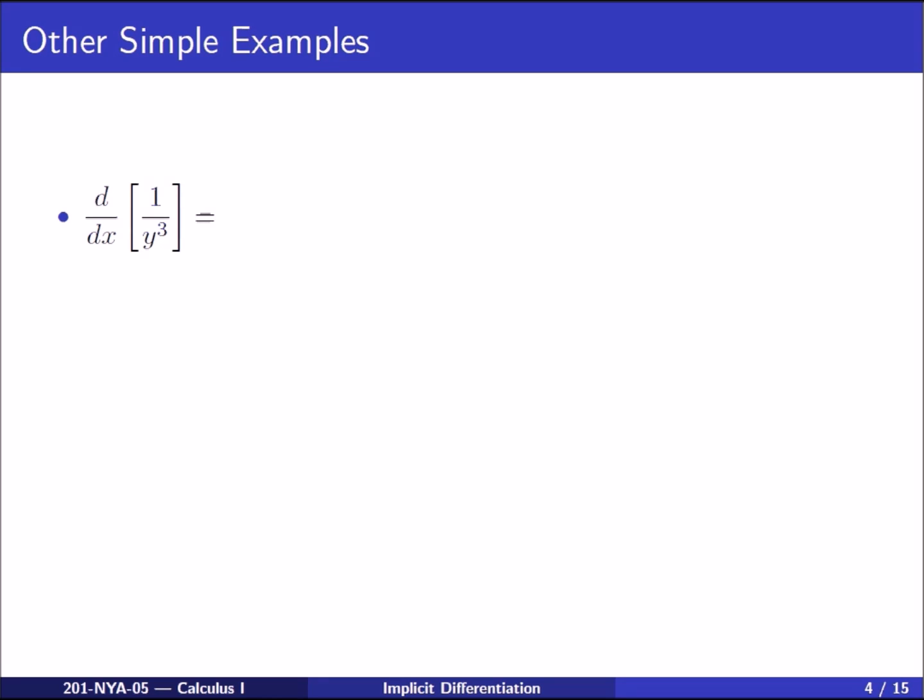The quotient rule would work, but it's easier if we write 1 over y cubed as y to the minus 3, and in this case we can just use the power rule, actually the chain rule version of the power rule. So the derivative is just minus 3 y to the minus 4 times y prime. You can leave your answer like that. If you don't like to work with negative powers, you can write the answer as minus 3 over y to the 4 times y prime.